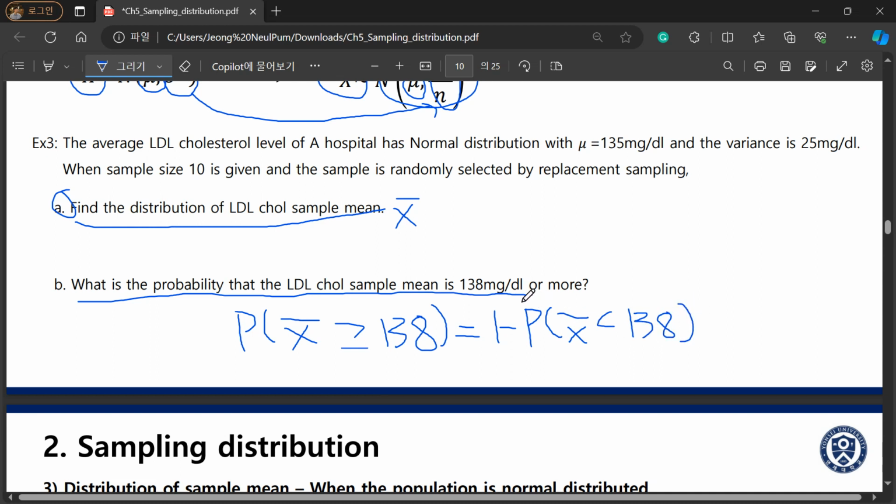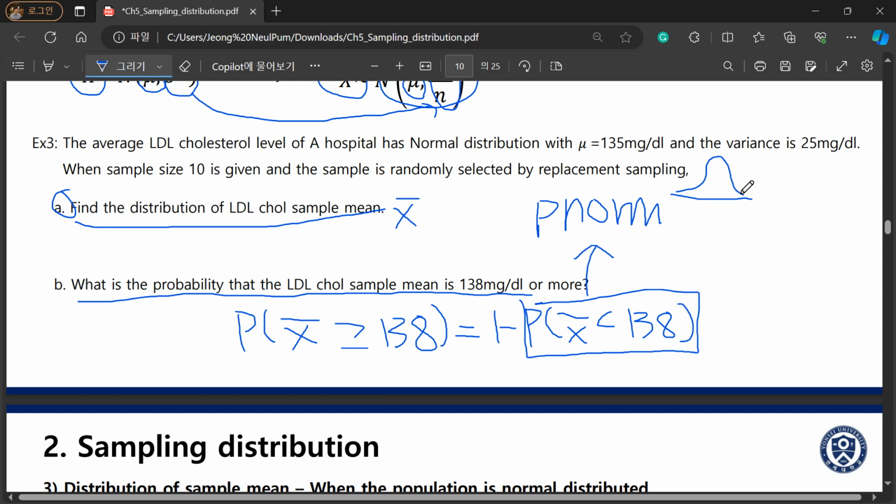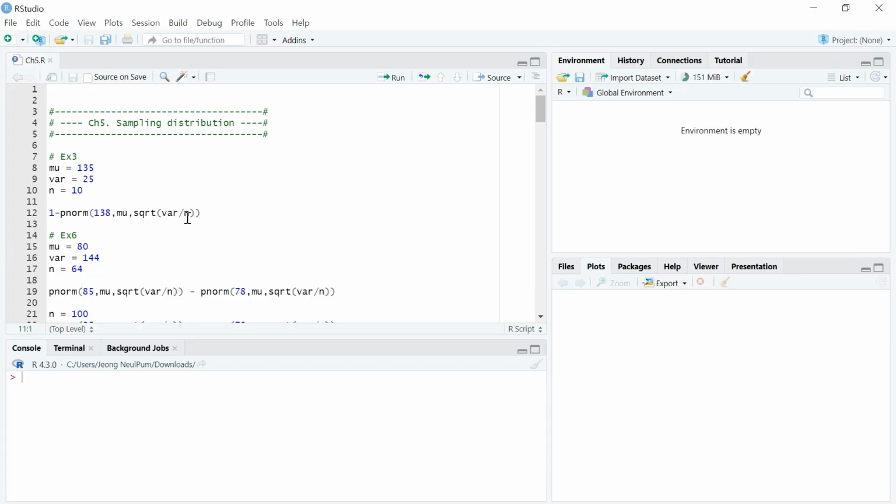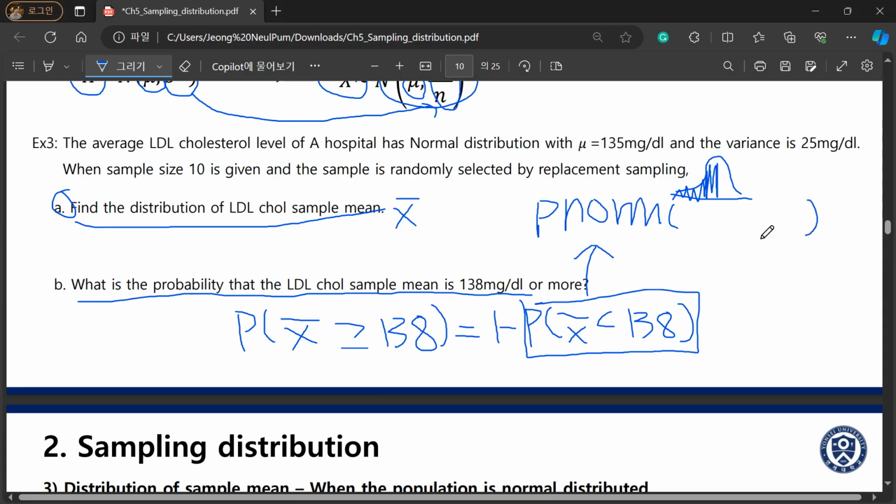And as you already know, when you calculate this probability, we use pnorm because x bar follows the normal distribution. You also have to make sure that when you're using pnorm, because we are dealing with the left side probability, you have to use the default value of the tail option.